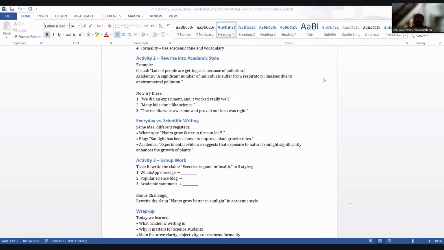Are not interested. We can say a number of children, youngsters. A number of youngsters are not interested in science. You can say it in that way.